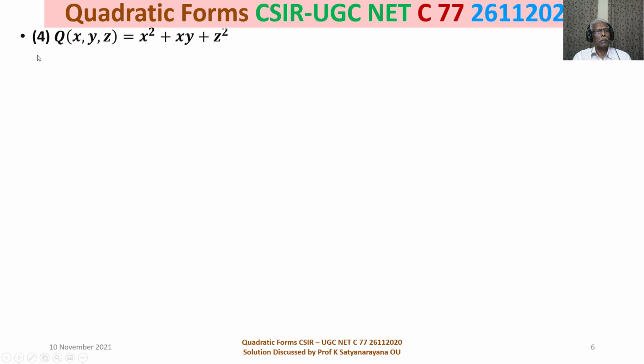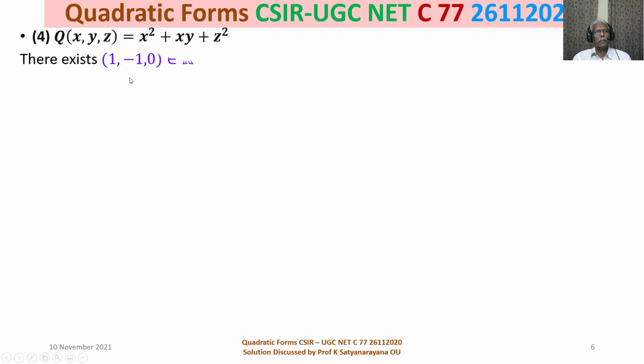Let's now consider the fourth quadratic form: Q of x, y, z is equal to x square plus xy plus z square. If I take x as 1 and y as minus 1, then 1 square plus 1 into minus 1 will be 0. Z, you keep it as 0. That means you have a triad 1, minus 1, 0 belonging to R cube, which is obviously not a 0 triad, which will satisfy this.